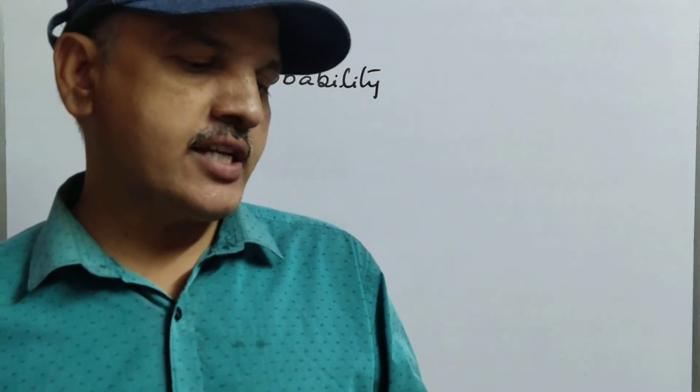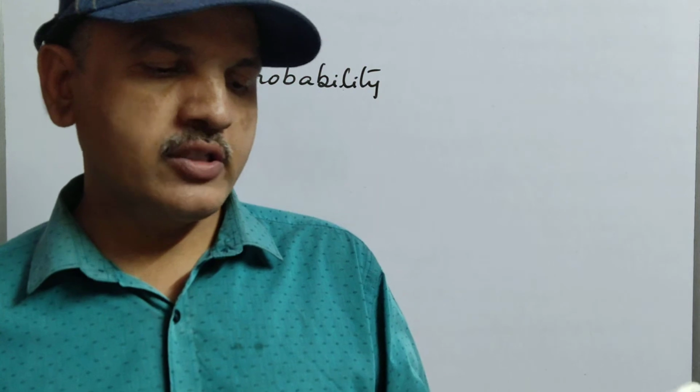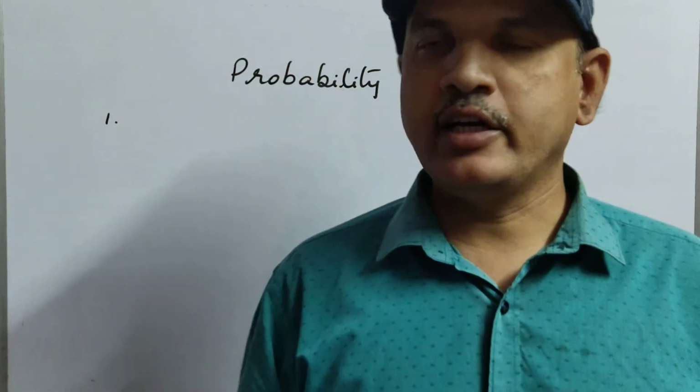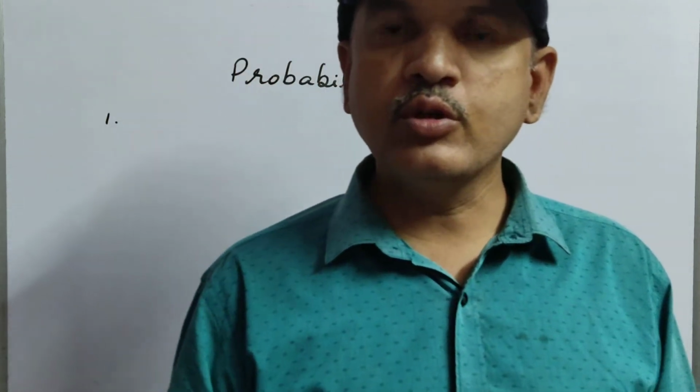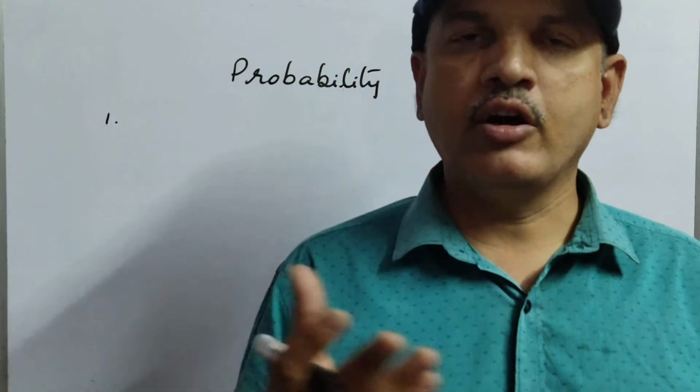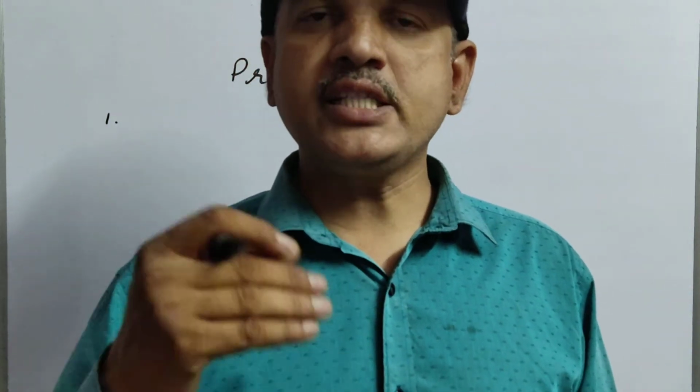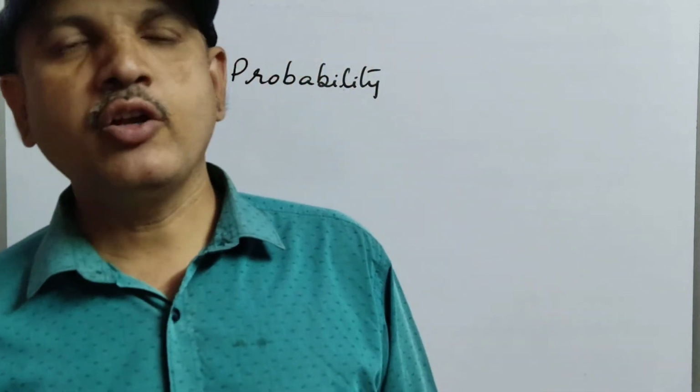Okay. Next, there are 50-50 chances of India winning the toss in today's match. You all know by watching cricket that you cannot say whether India is going to win or not till the last ball or the end of the over. In the starting there are 50-50 chances that India may win or not.